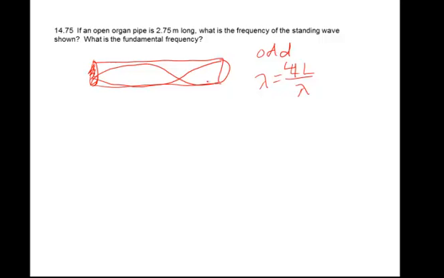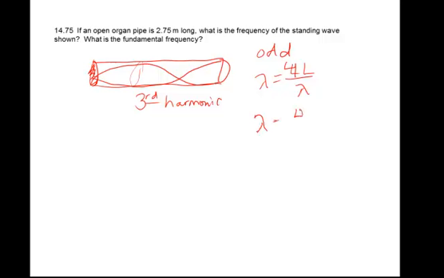First thing I have to do is figure out what harmonic this would be. So the first place that I could have it be open would be right here at this first antinode. That is going to be my first harmonic. So the next harmonic that I would have possible would be right here. So this is going to be the third harmonic. So I could find my wavelength of the third harmonic.